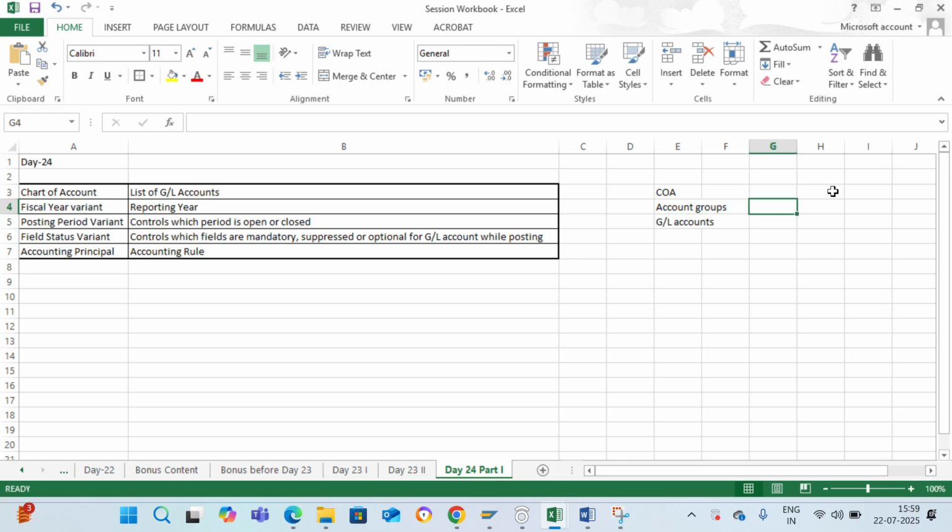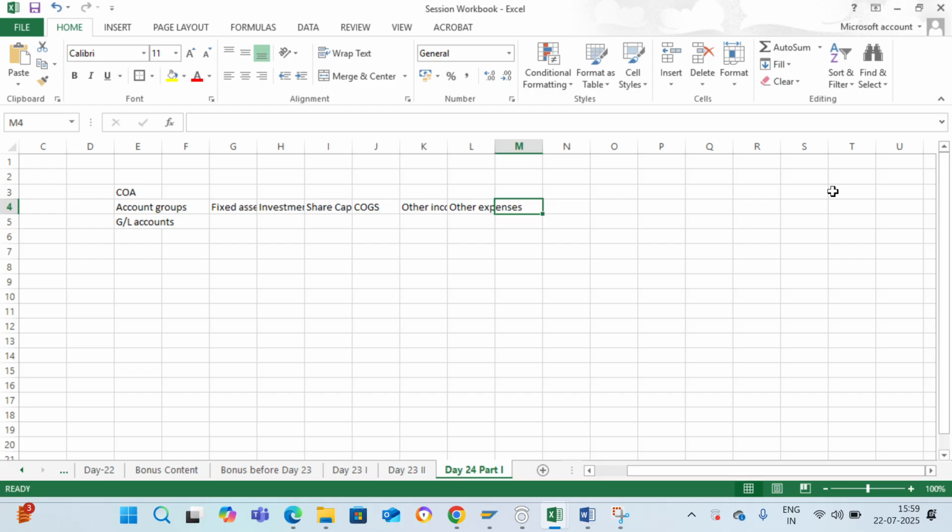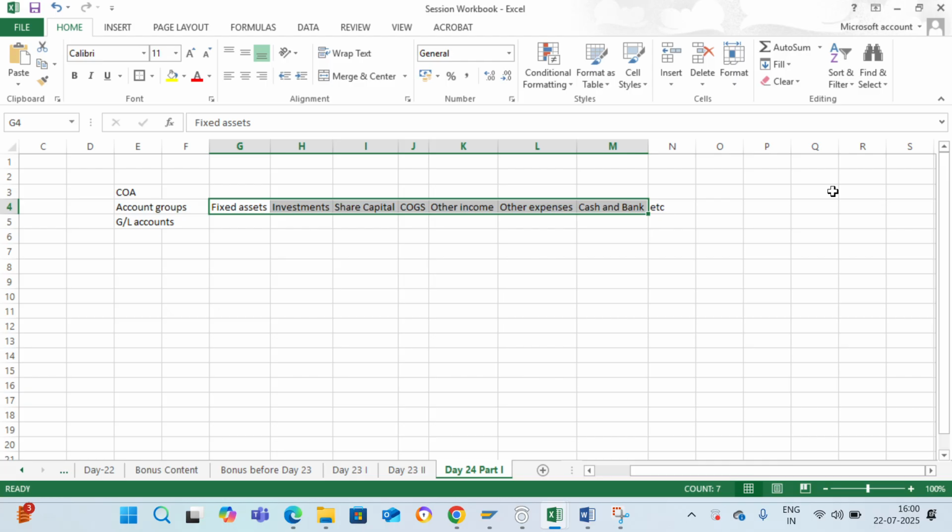Account groups could be fixed assets, investments, share capital, COGS, other income, other expenses, cash and bank, etc. So the account groups mean the group of similar kind of GL accounts.